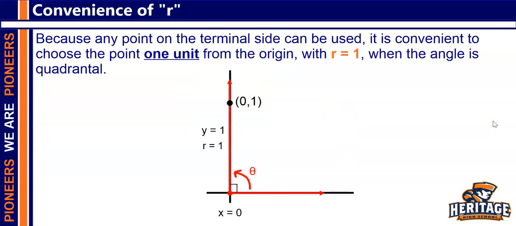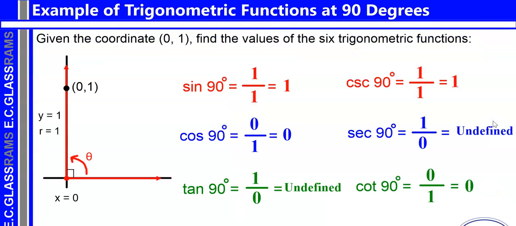So let's boil it down specifically on the 90-degree angle. Again, for our convenience, you are allowed to choose any point on the terminal side, and we're going to just make it 1 unit from the origin, which makes r equal to 1, and now we can go ahead and find the trig ratios for each one.